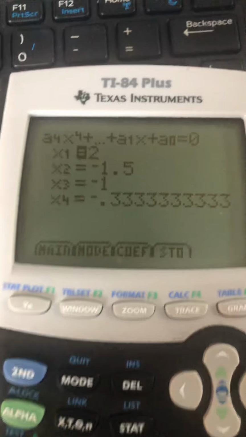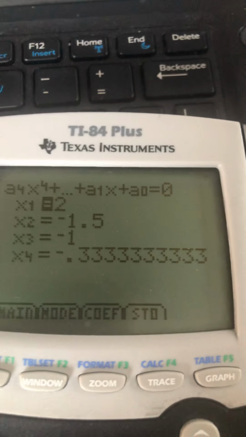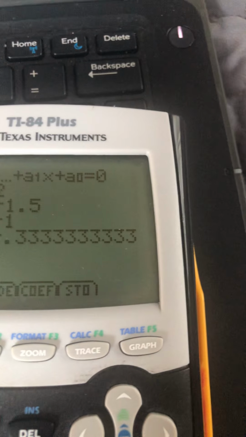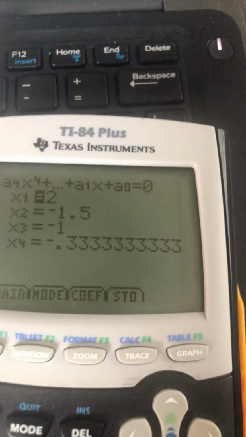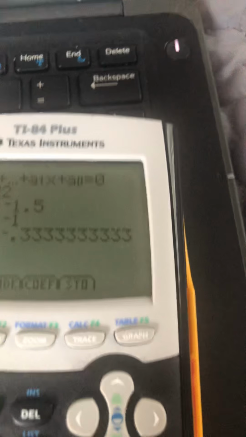And yep, just like what I thought. It's actually negative 0.333 repeating. So your answers here, we're just going to plop these on the notebook, is that x is equal to 2, negative 1.5, negative 1, and negative 0.33 repeating.